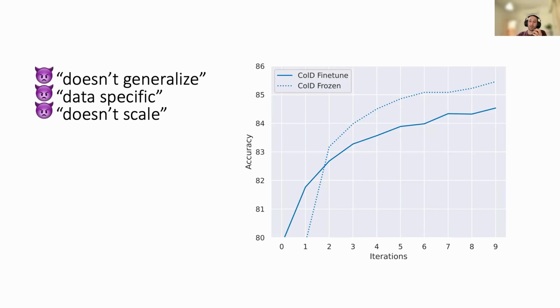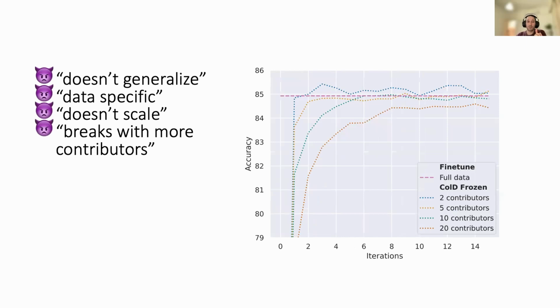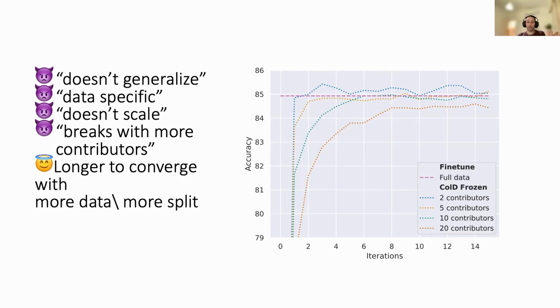Maybe the only thing that is not as good is that if we have more contributors contributing the same amount of data, nothing breaks and we still converge to more or less the same point. But if we take the same data and split it among more contributors, we need more time to converge. When we incorporate in smaller chunks, we waste some of our computation or data because of those chunks.